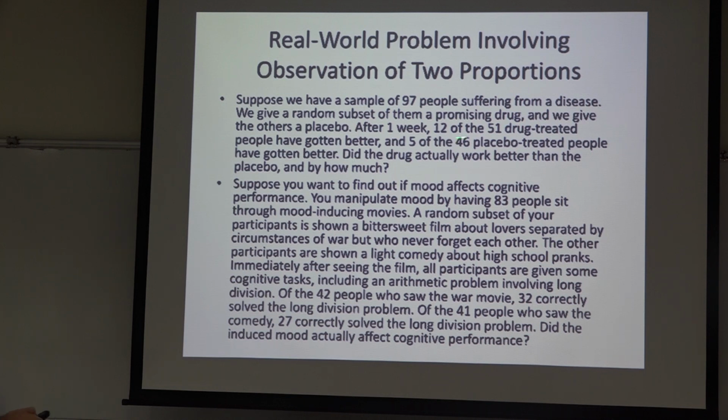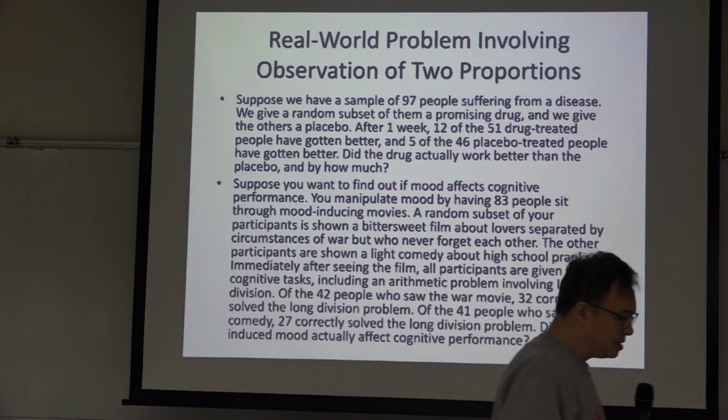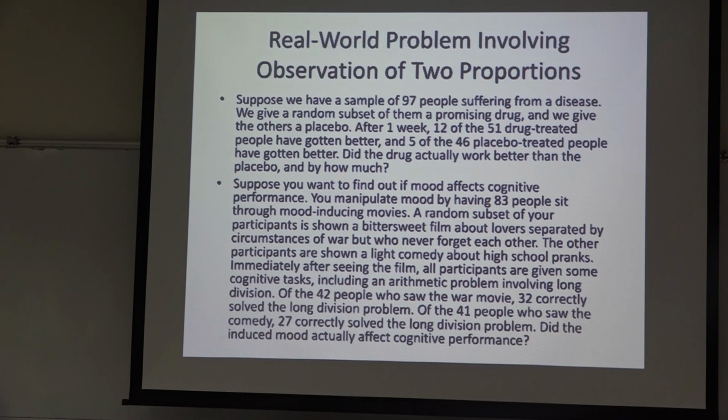So for each group, there are some patients that have gotten better, right? But the issue is, did the drug actually work better than the placebo, and by how much? This scenario is like the first group, the drug-treated group.